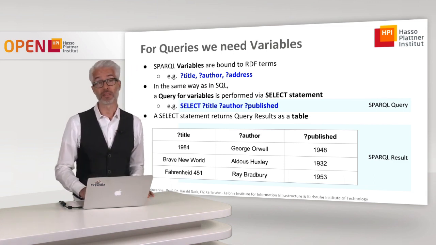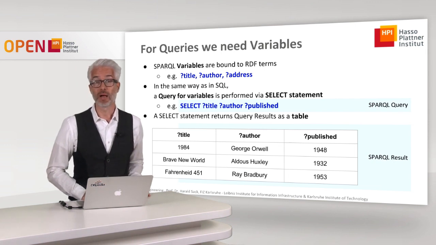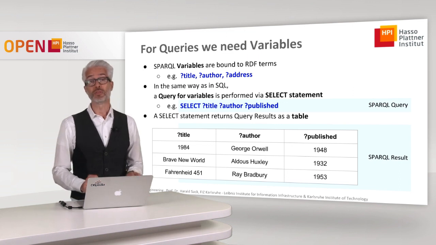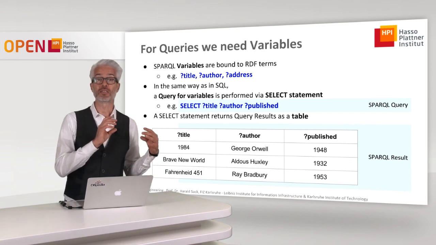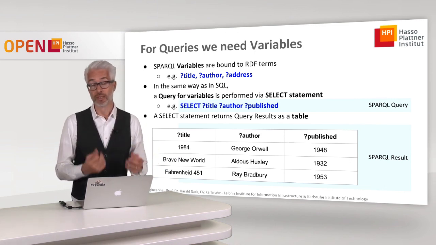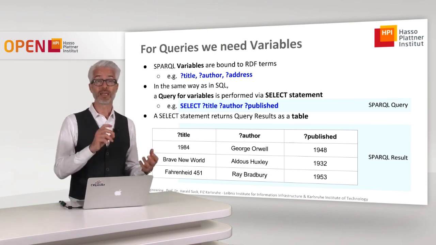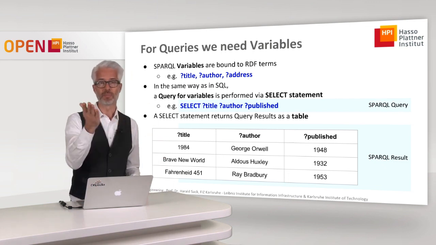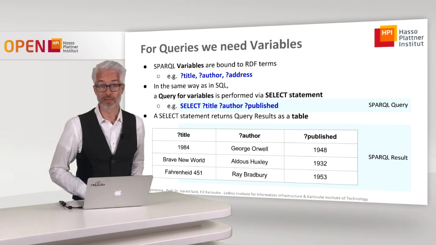In our example, you see select ?title, ?author, and ?published, which would be the variables that should be filled for the return format. And in the return format, the SPARQL query usually returns a query result as a table, like you are used to in relational databases. So you would have a table with 3 columns, title, author, and published, which will be filled with the SPARQL results.